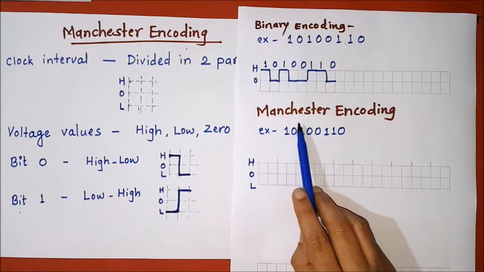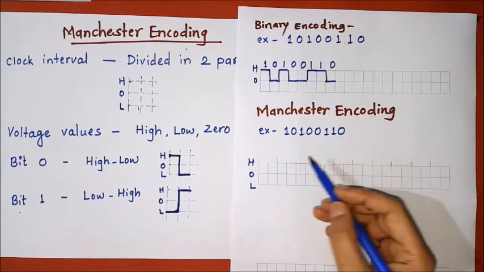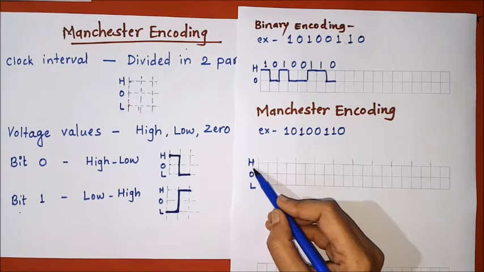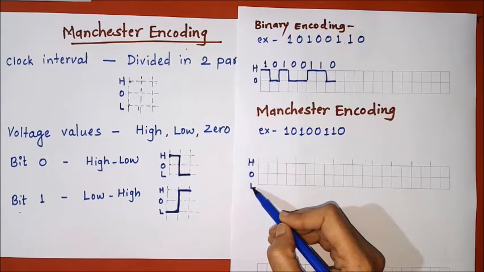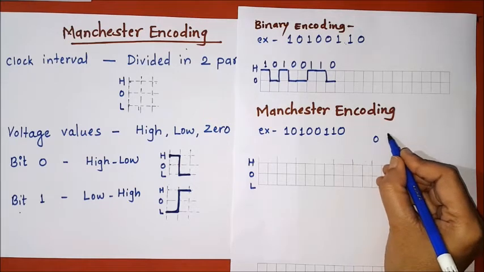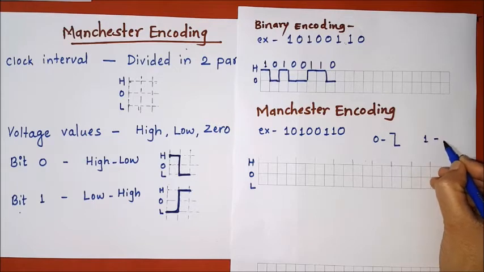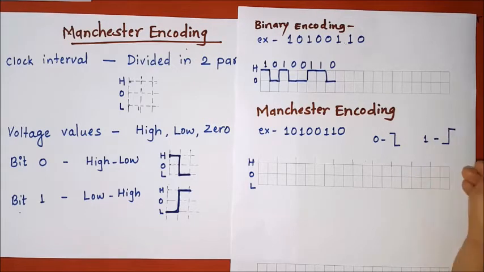Now we will see Manchester encoding for this given bit string. Here the voltage levels used are high, 0 and low. Bit 0 is represented by a high-low combination and bit 1 is denoted by means of low-high.